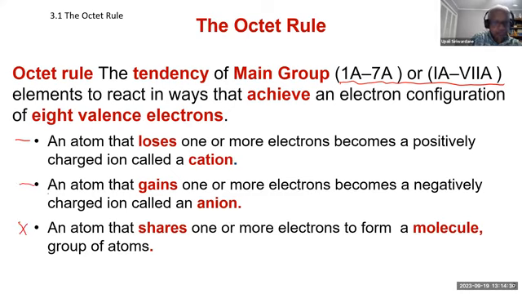This last one is sharing electrons. It's the way an octet is achieved by other elements in the periodic table other than noble gases. So this applies only to groups 1A, 2A, 3A, 4A, 5A, 7A. We don't talk about 8A. 8A is noble gases. Let me show you these groups, the main groups in the periodic table.